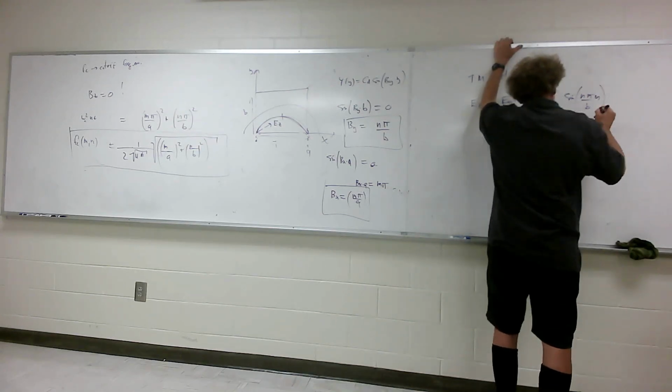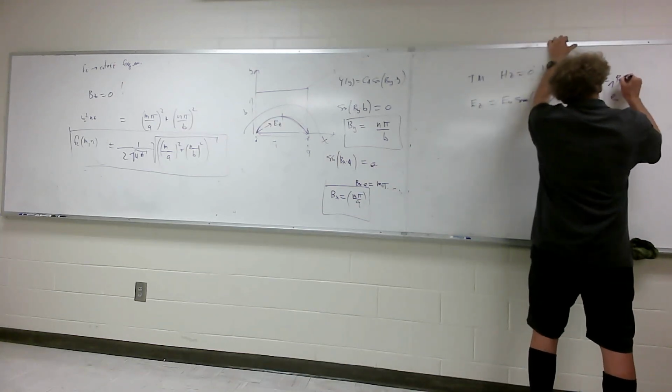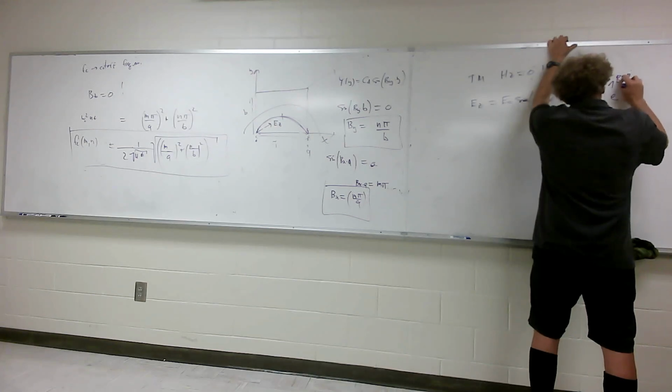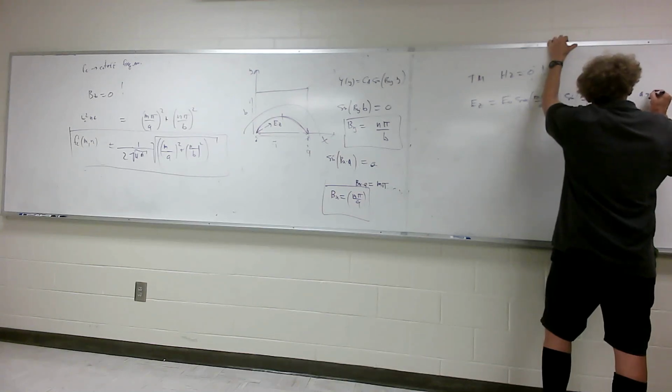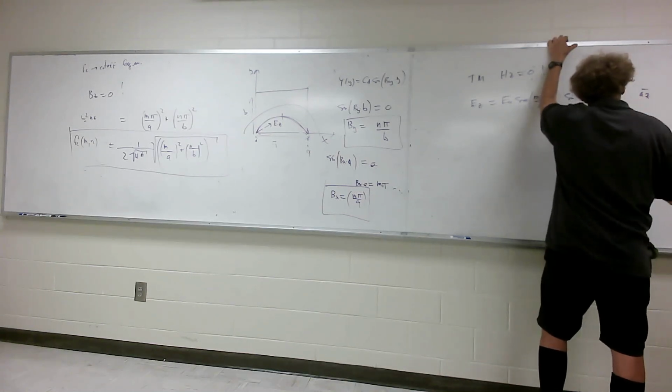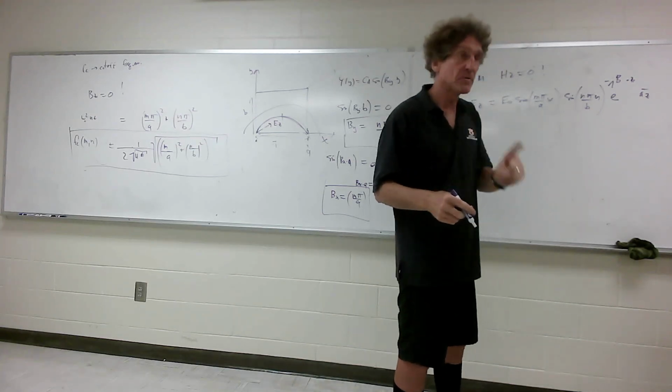And then we have e to the minus j beta z, I'll call it just beta, but remember Whitworth calls it beta times z, and it's in the a z direction. You all with me? It's only one field component.